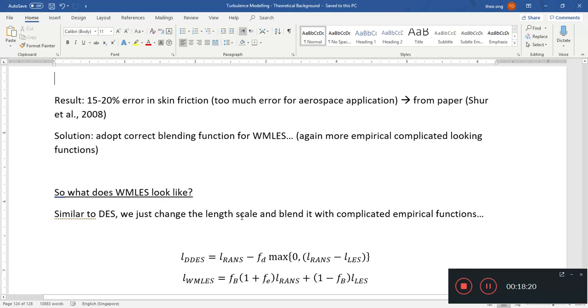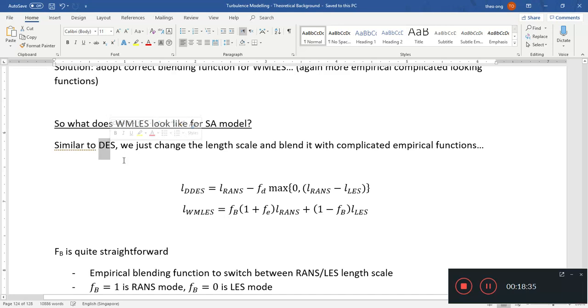And what does it look like? Well, what does WMLES look like if you were to use the Spalart-Allmaras model? Similar to DES, because both are hybrid methods with different intents, of course, we just change the length scale and blend it with some complicated looking empirical functions.